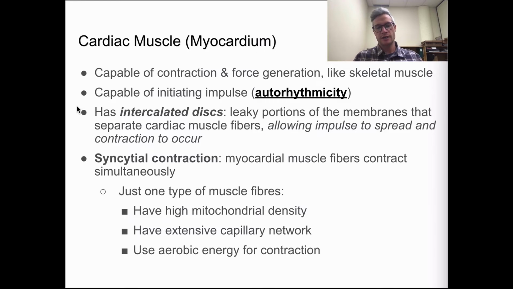Again, it was kind of like a filter with a bunch of holes in it. The reason they're really important is that it allows some leakiness between the two cells, and with that it allows the nervous impulse to travel more easily between cells.